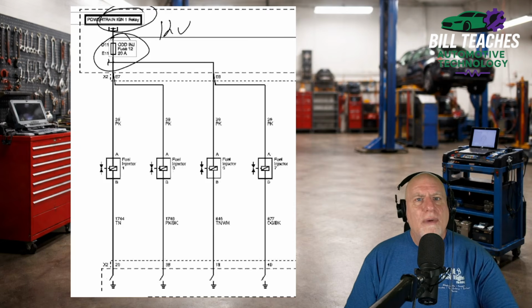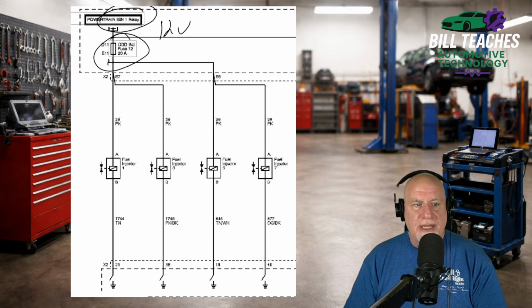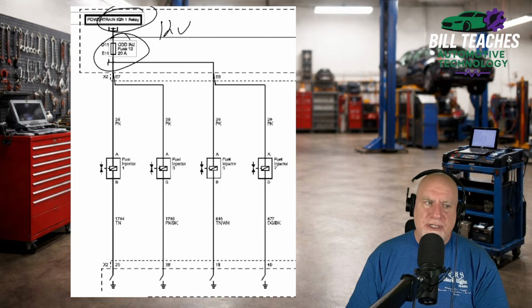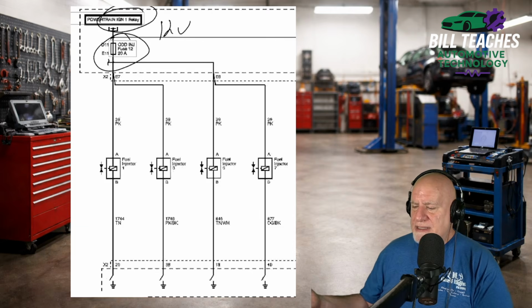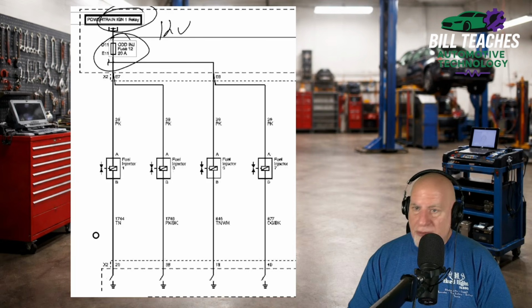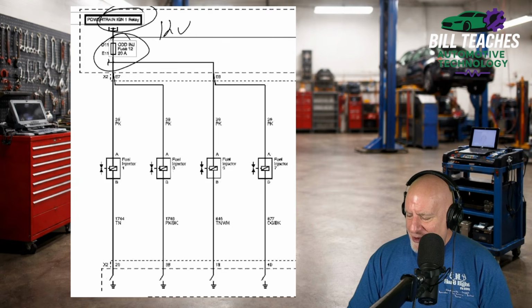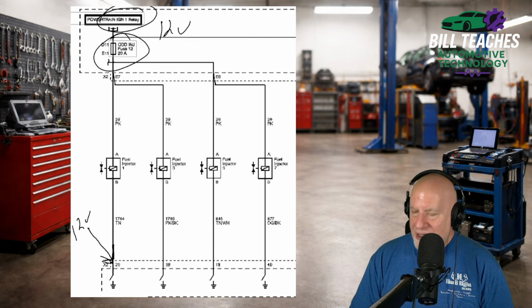Now you can't always use a test light. In fact, I would really caution you against using a test light in a circuit that could be computer controlled unless you really know what you're doing. In this case, if we were to use a digital multimeter, or even a voltmeter, and measure right here at the terminal at the ECM connector, we would read 12 volts.